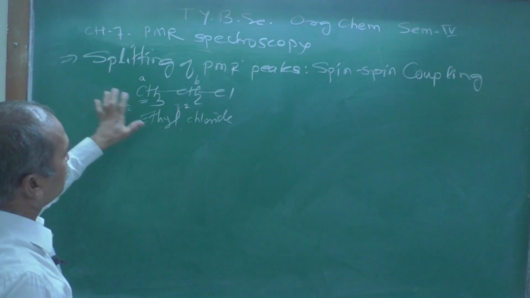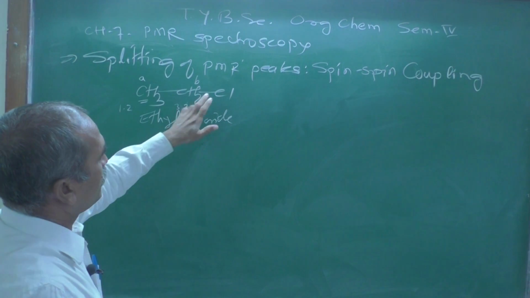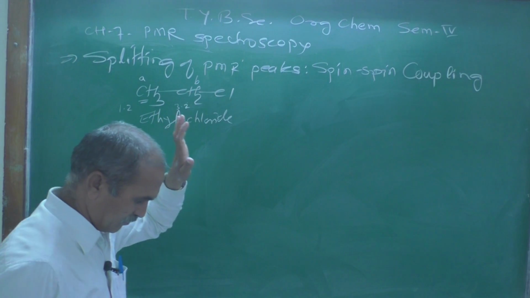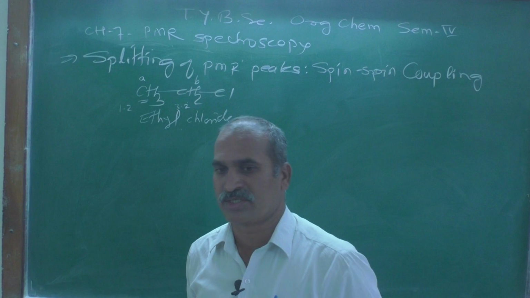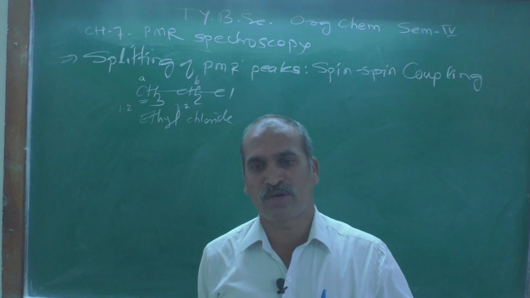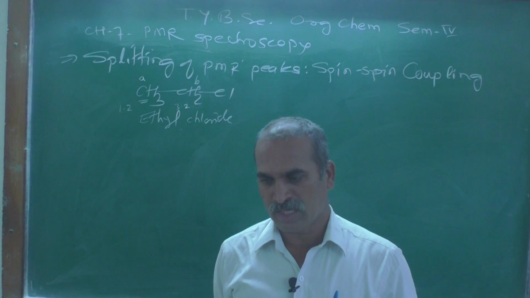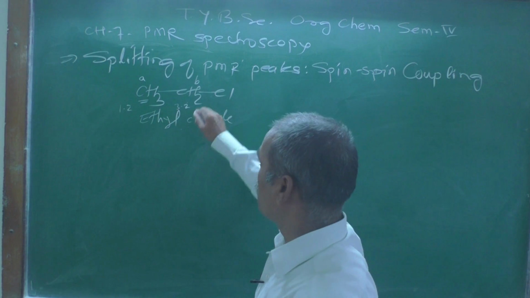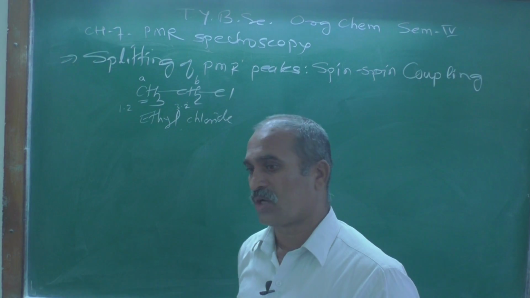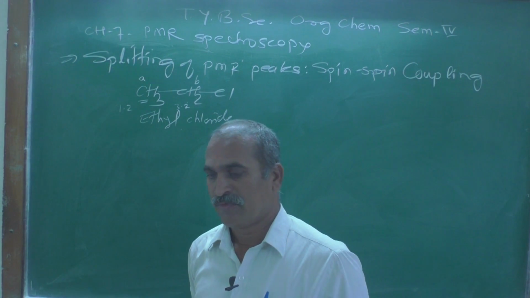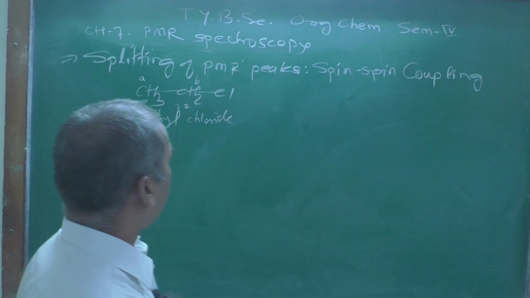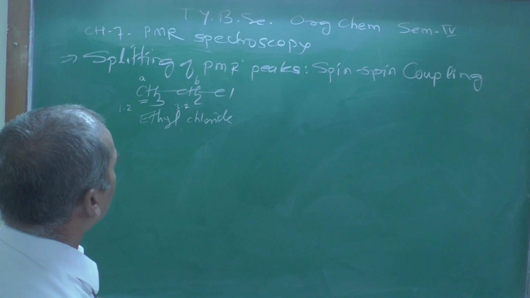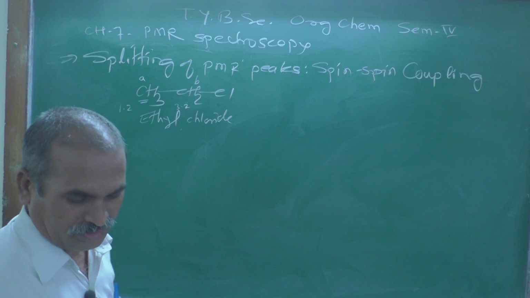Because the chlorine atom exerts an electron withdrawing effect, and due to that de-shielding occurs for methylene protons.